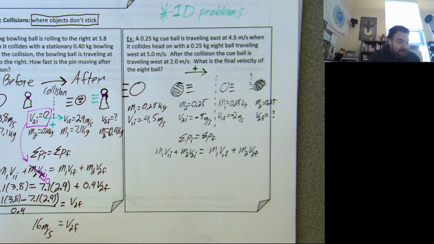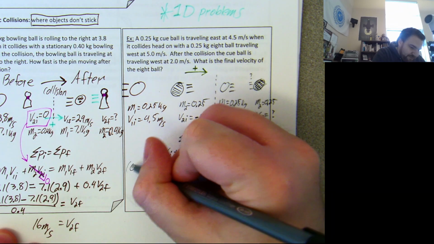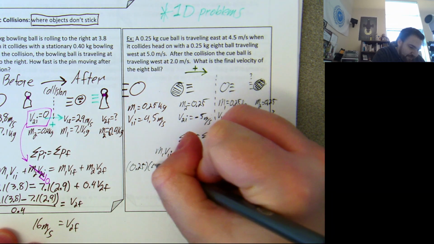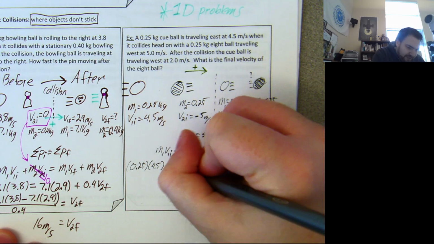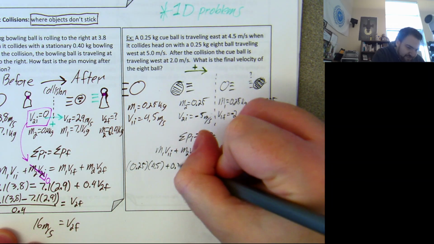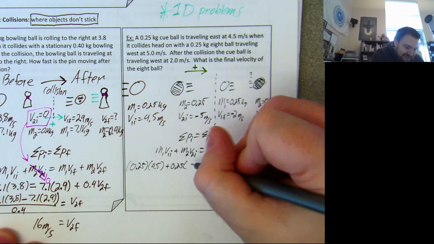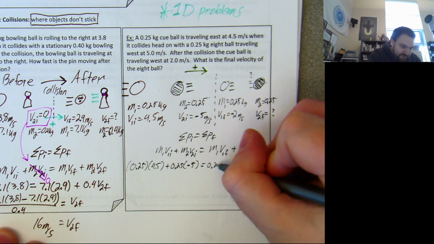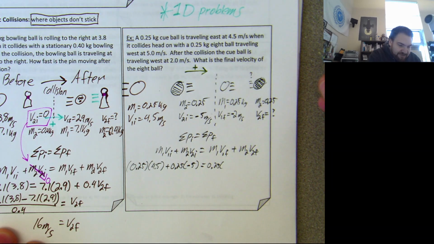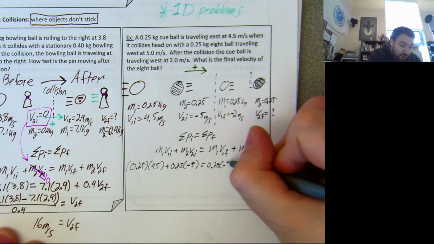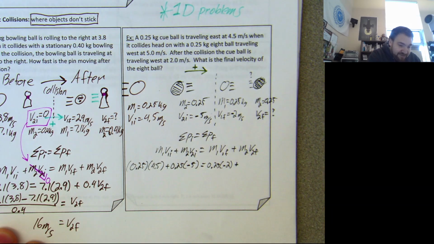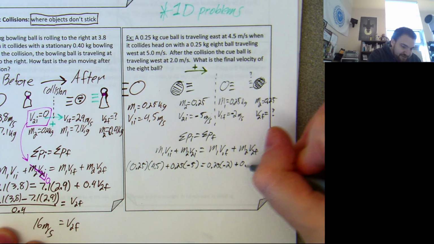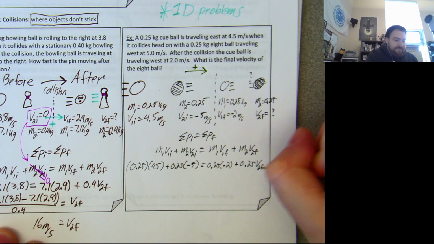So let's plug it all in. 0.25 times 4.5 plus 0.25 times negative 5 is going to equal 0.25 times negative 2 plus 0.25 V2 final.